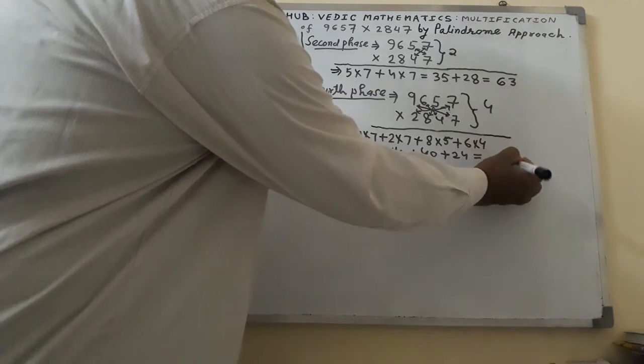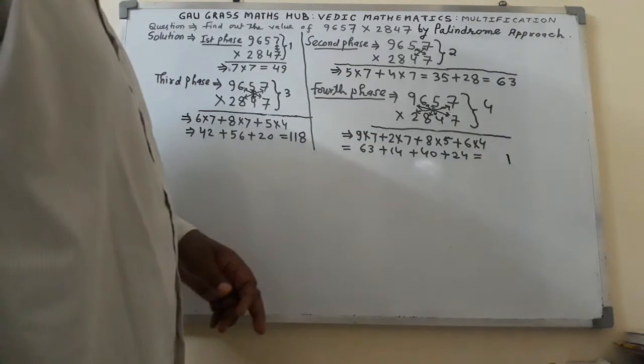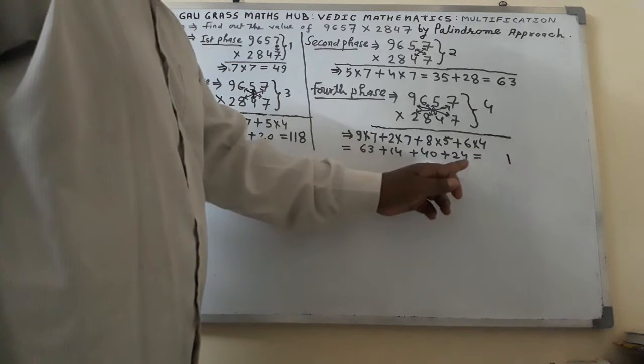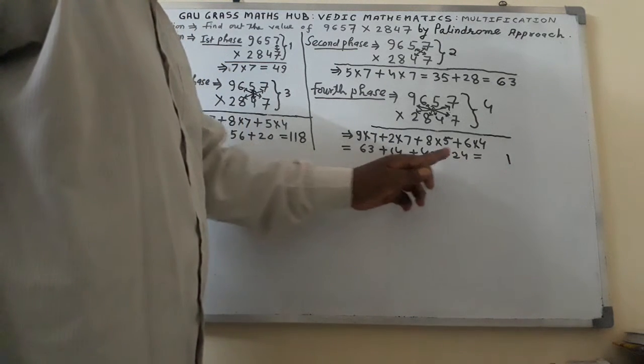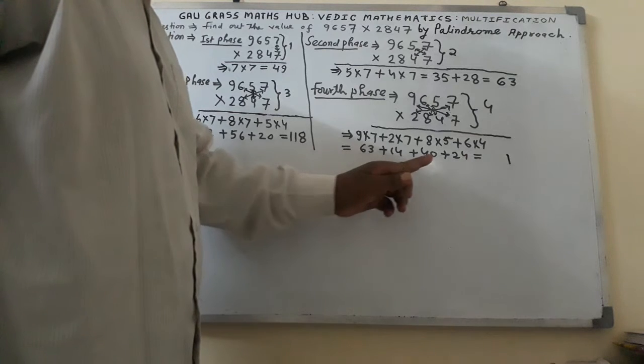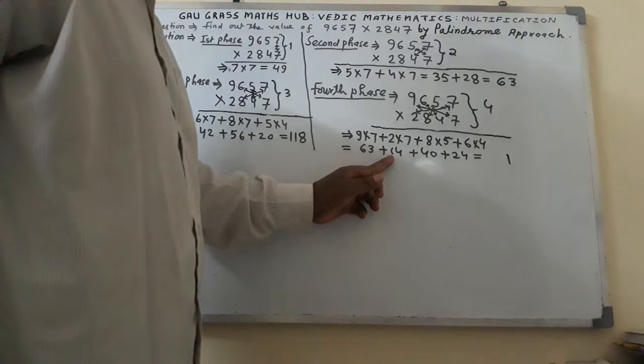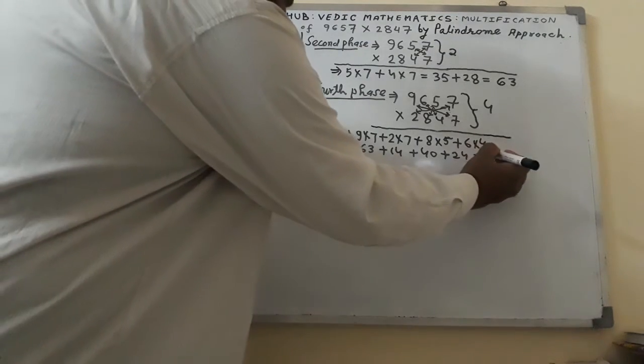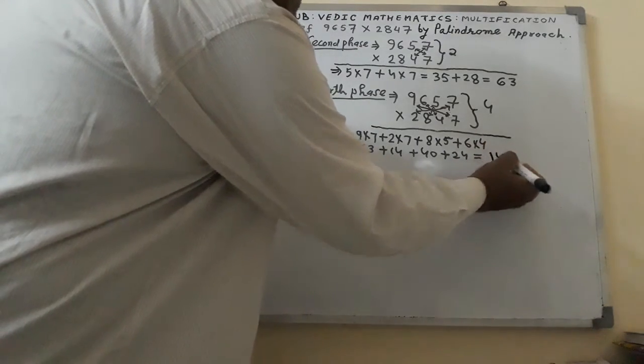So here you will get 1, carry will be 1. 2 plus 1, 3. 3 plus 4, 7. 7 plus 8, 15, 5. 8 plus 6, 14. So here we will get 14.